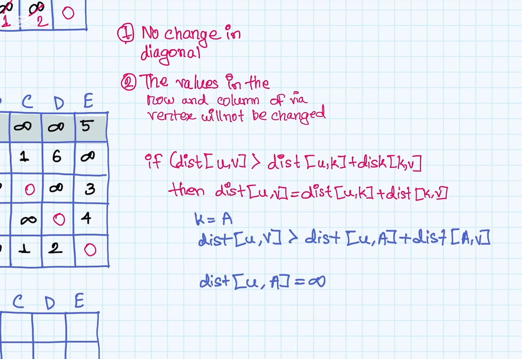So the value will remain unchanged. Similarly, if there is an infinity in the column, then the term dist of A, V would be infinity. And so again, nothing is greater than infinity. The value will remain unchanged.